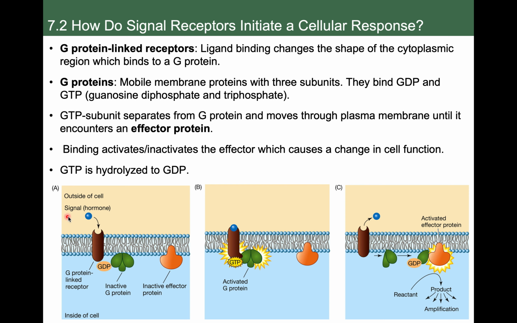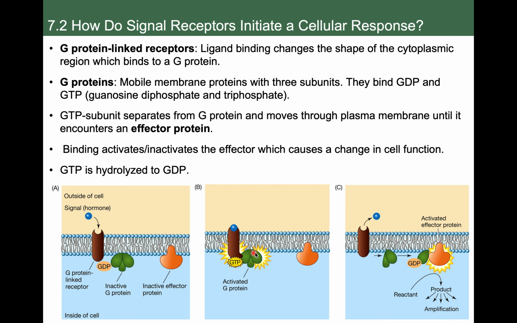But bottom line, once this signaling molecule binds to the receptor, we get a shape change in the receptor that causes the GDP on the G protein to be swapped out for GTP, which, as I just said, is an energy-rich molecule very similar to ATP.